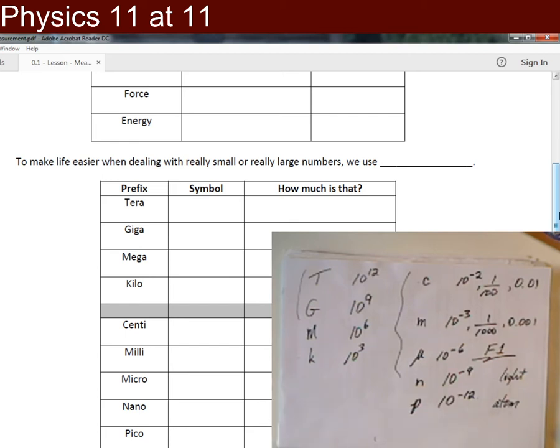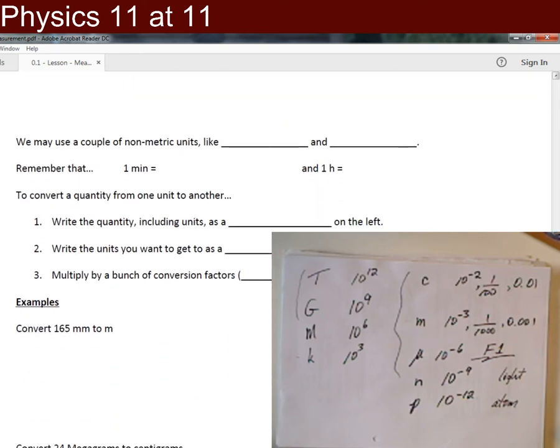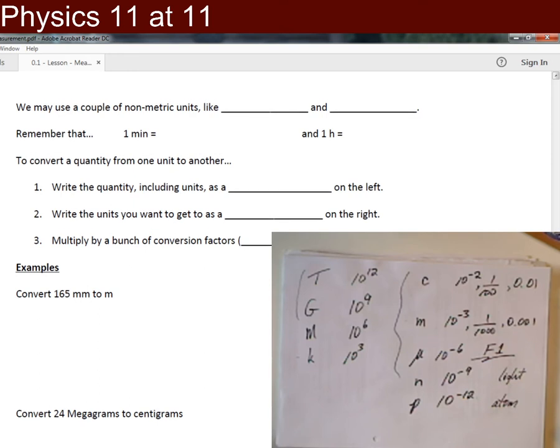All right, so those are some of the units that we're going to be using, some of the shorthand, the prefixes we're going to use in order to communicate the numbers and such that we have here in class. Next, we're going to start converting from one unit to the other.